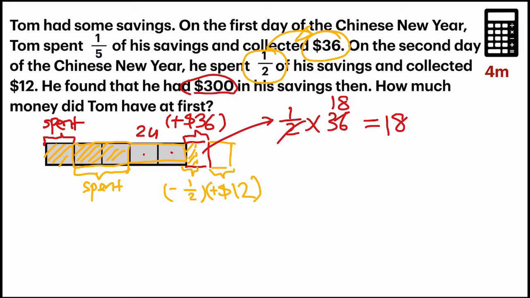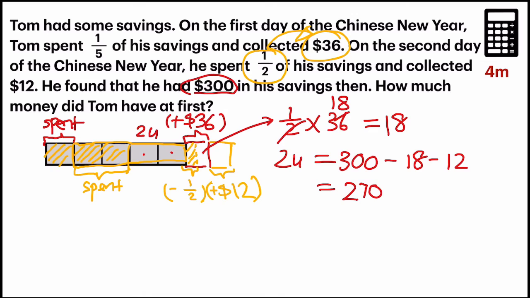Now my next step, I have to find out that 2 units by taking away $18 and $12 from the $300. So 300 subtract 18 subtract 12 is equal to $270.